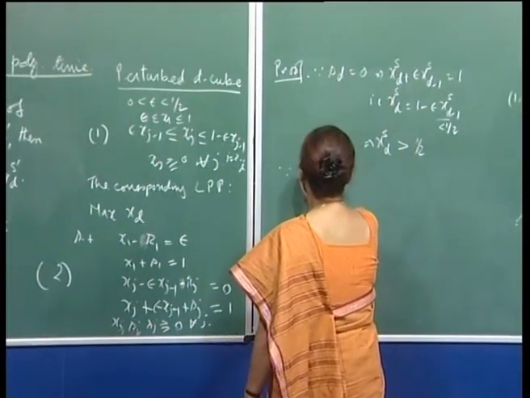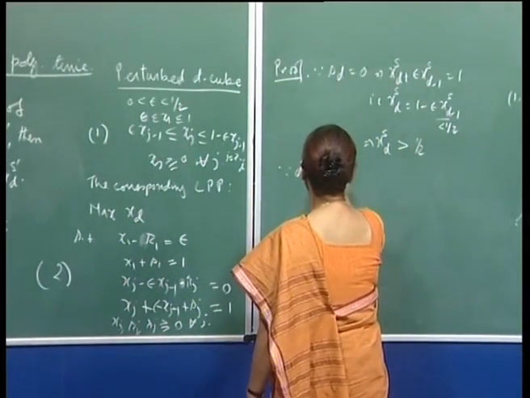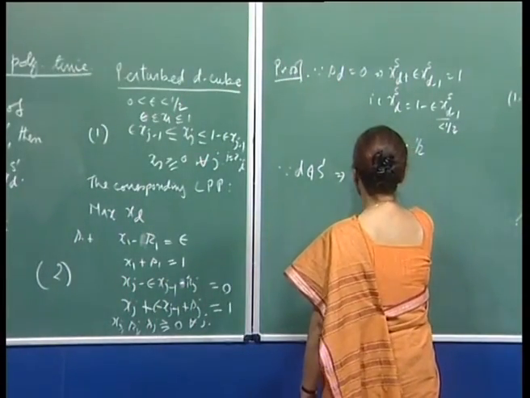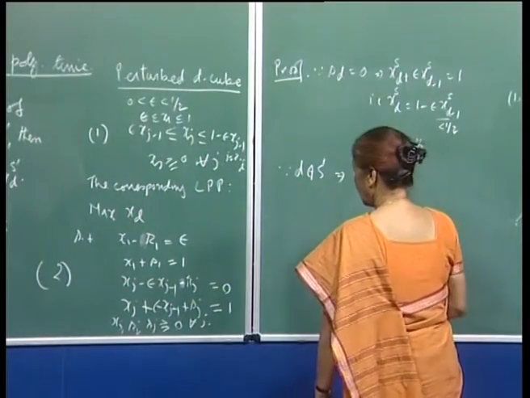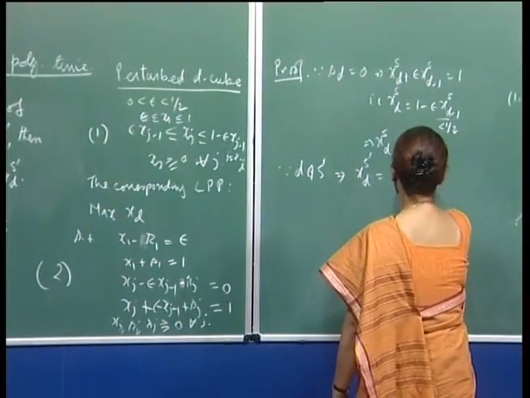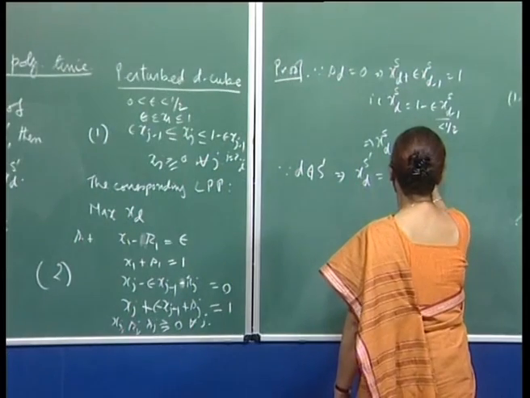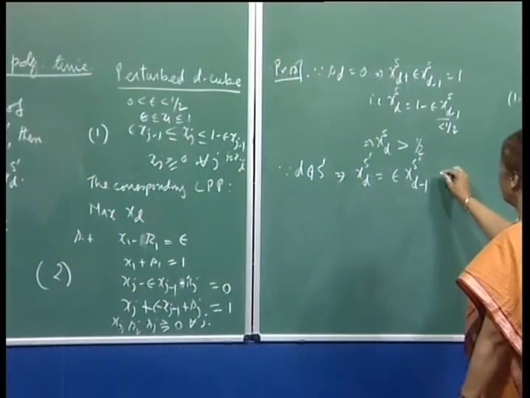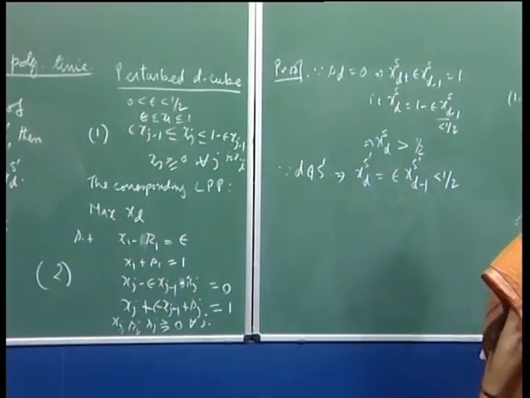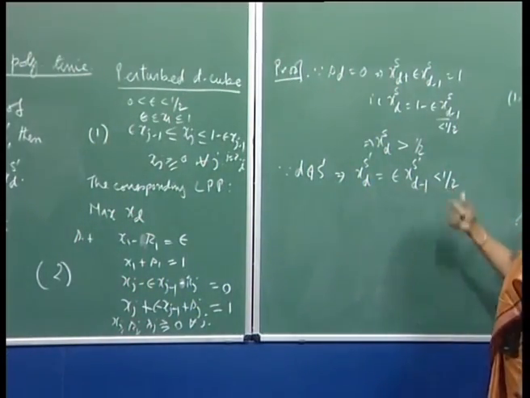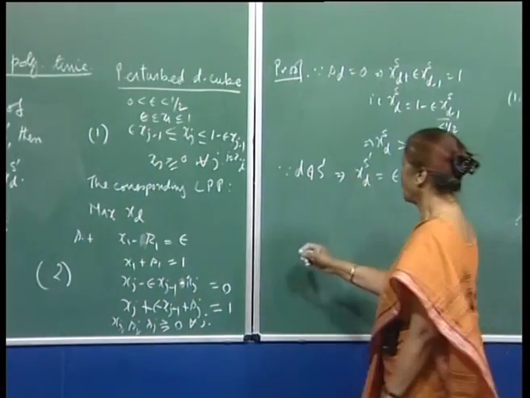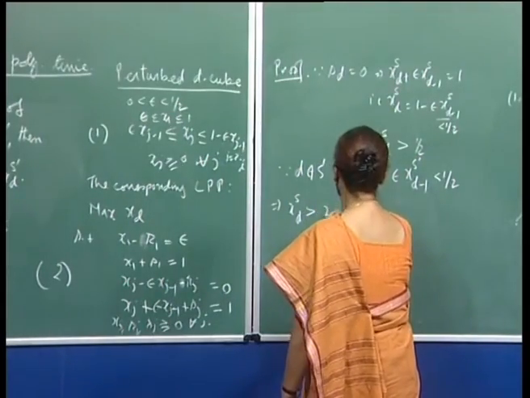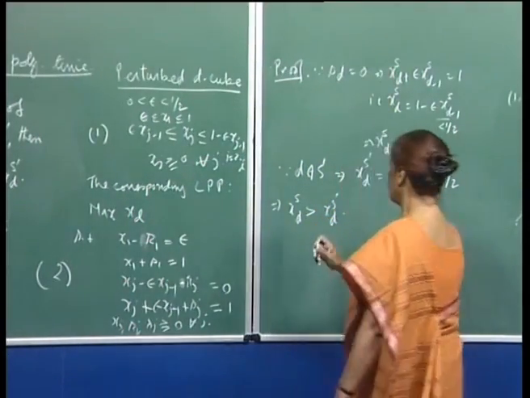Since d does not belong to S prime, x^S'_d is equal to epsilon times x^S'_{d-1}, which is less than half, because epsilon is less than half. Therefore, this implies that x^S_d is greater than x^S'_d.